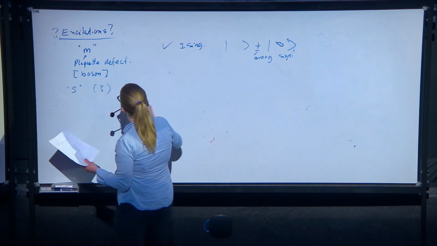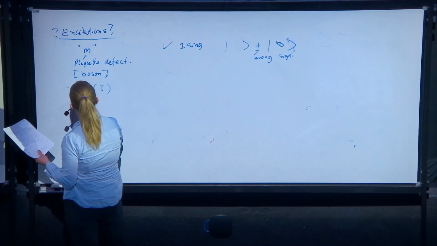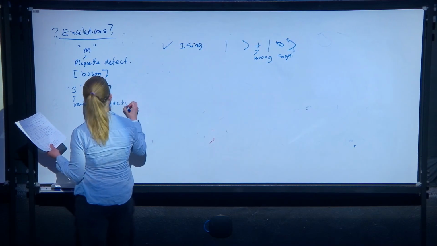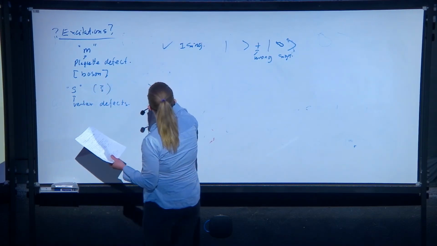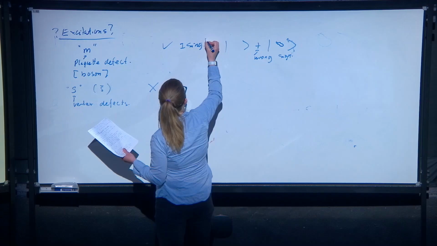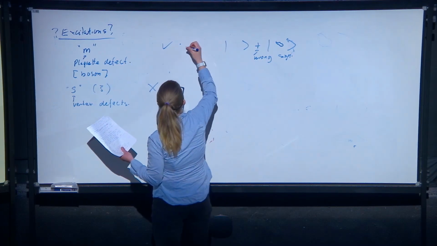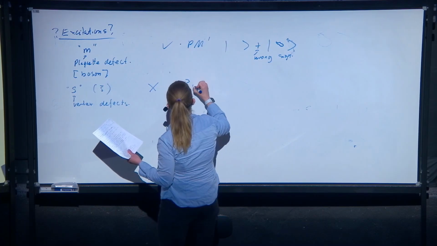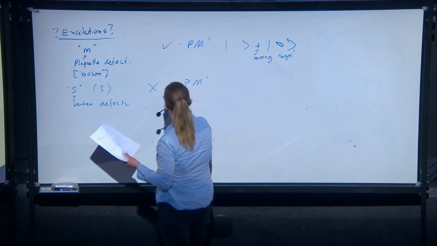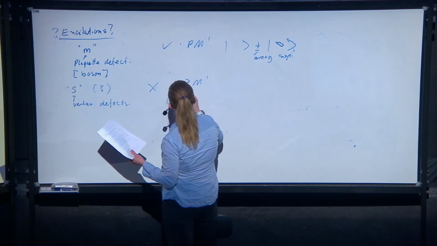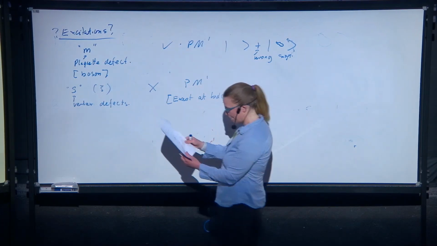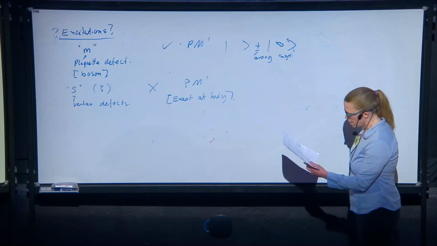And so these are the vertex defects. These guys are not in this, sorry, I should call this paramagnet prime. These guys are not in paramagnet prime, except at the boundary. Good.